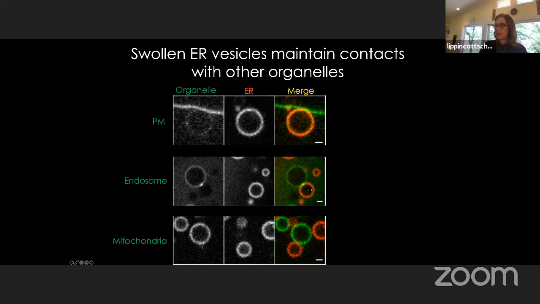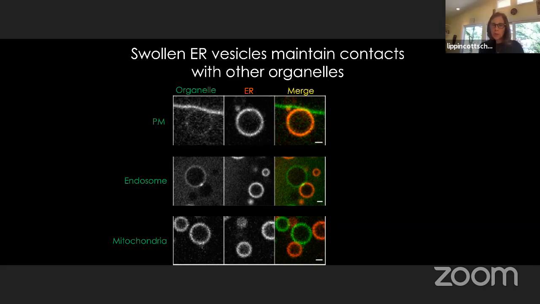Here it is making contact with endosome. Here's the ER making contact with mitochondria. Now, both endosomes and mitochondria swell under these osmotic conditions. What that means is water can move into these structures in response to our hypotonic swelling.